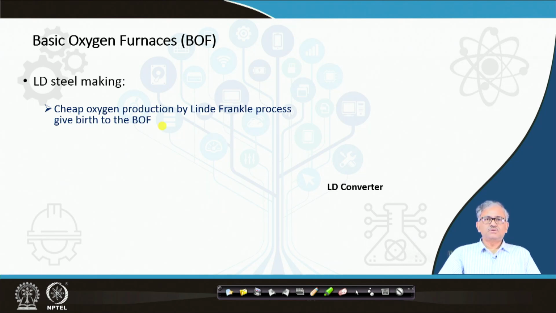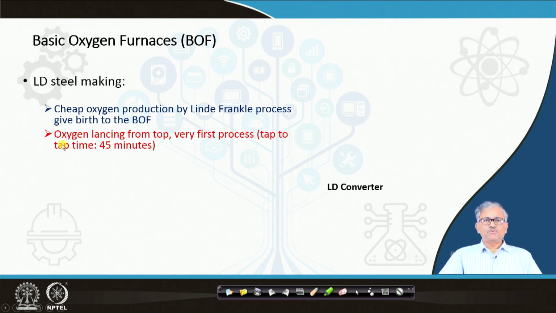So technology was such that you could produce cheap oxygen. And obviously since oxygen is there, oxygen lancing was done from the top in this furnace, and tap to tap time was only 45 minutes, because here the refining characteristic is different.